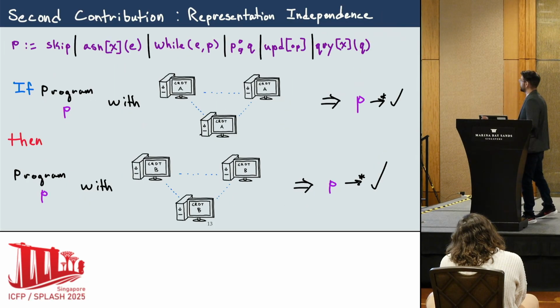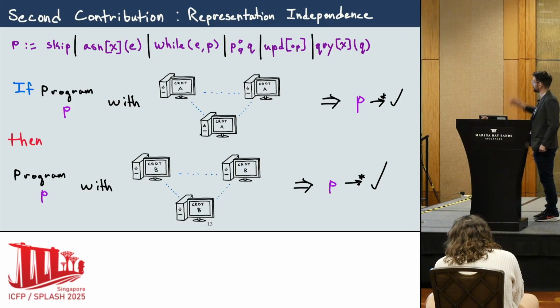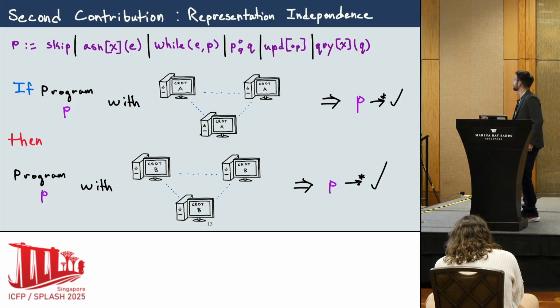Our second contribution was leveraging the first one. Once we know that we have these simulations, we were able to define a simple imperative language, which allows a programmer to interact with CRDTs through while loops, updates, and queries, and there's also a variable store.